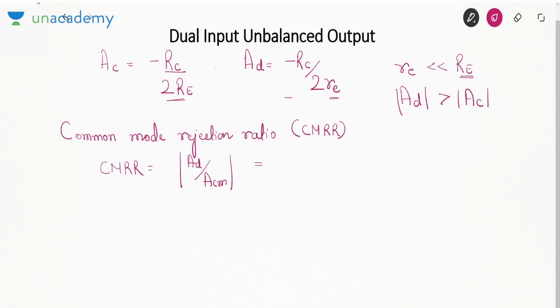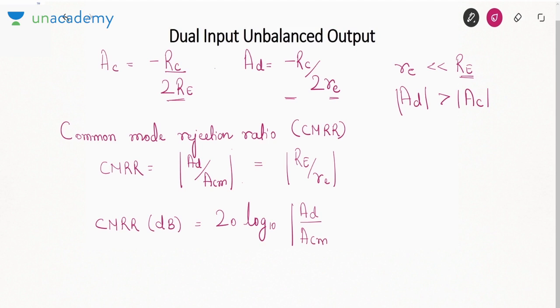If you take the ratio of these two, it will be capital RE by small re. Now if you find out this in decibel, you will write 20 log on base 10 of the ratio of differential mode gain to the common mode gain, which in our case will become 20 log on base 10 of capital RE by small re. I have removed magnitude because resistance is positive only.